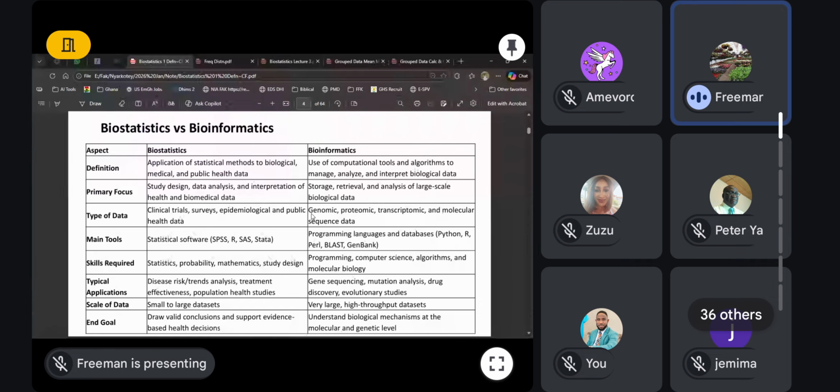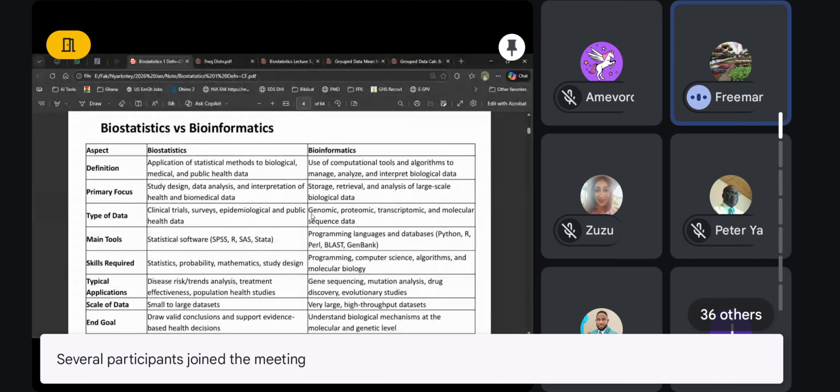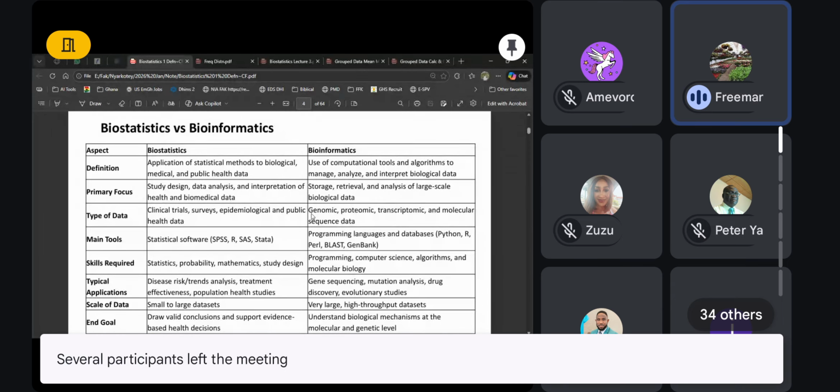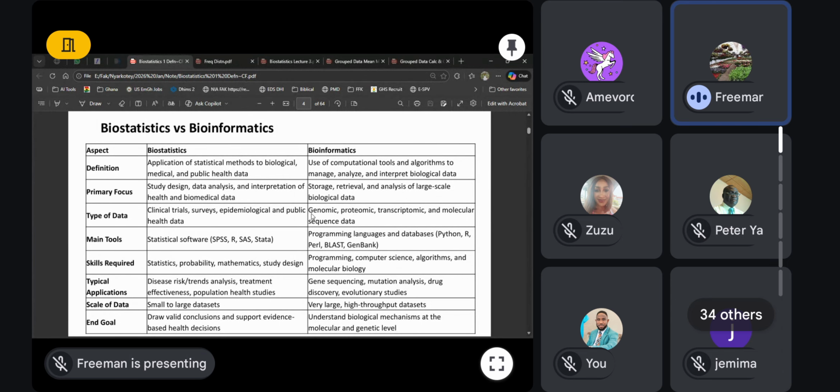Biostat involves study design, data analysis, interpretation of health and biomedical data. So here, data analysis, data interpretation, and even the study design all constitute biostat.